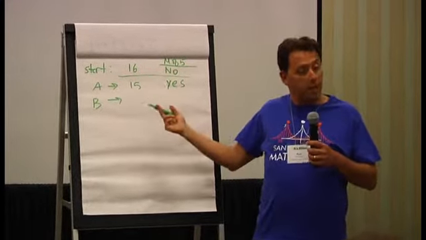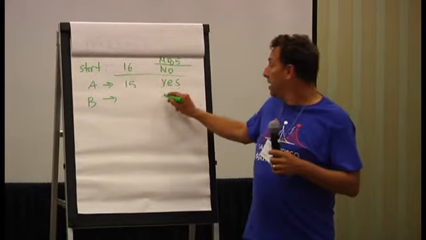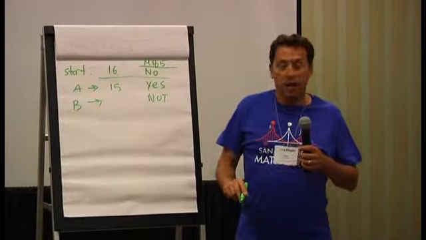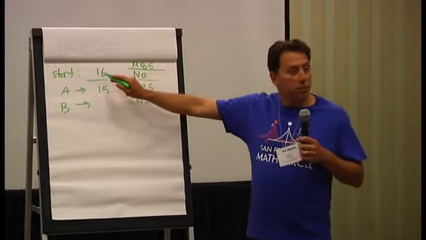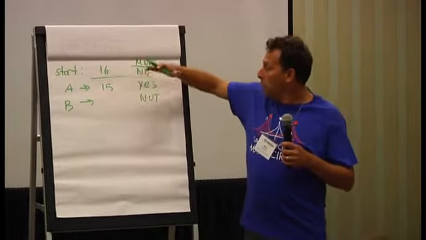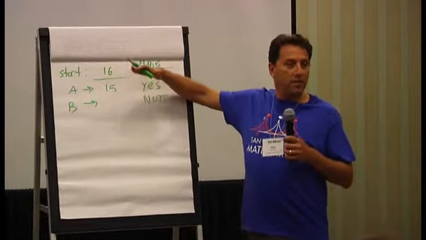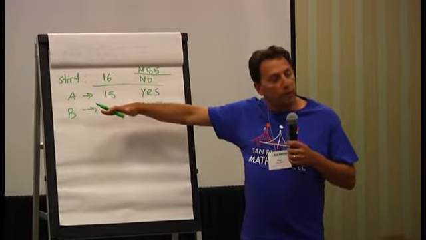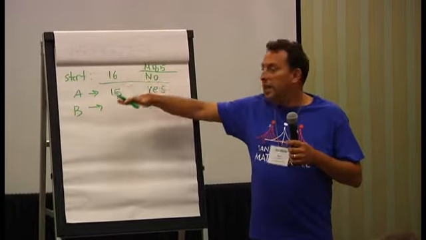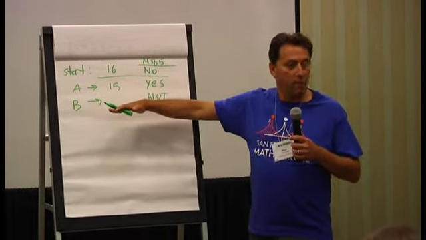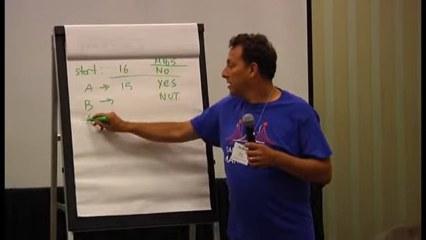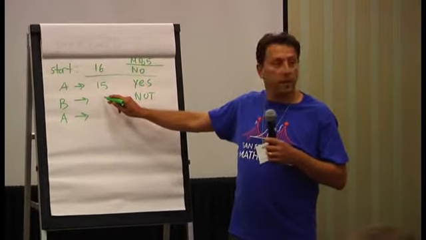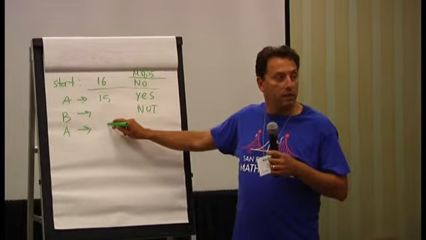They do some pathetic move, which will not be a multiple of 5. And so the point is that starting with 16, player A can always move to the multiple of 5 state. Then, no matter what player B does, he can never move into the multiple of 5 state. And then, no matter what player B does, player A will now go to 10.